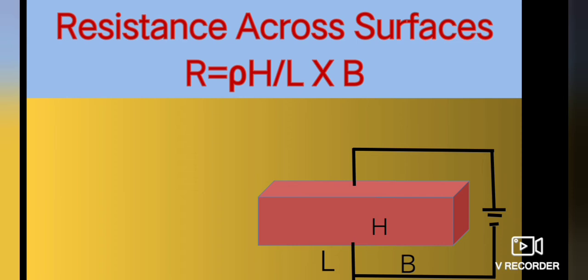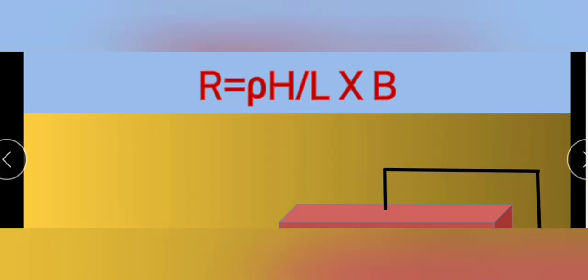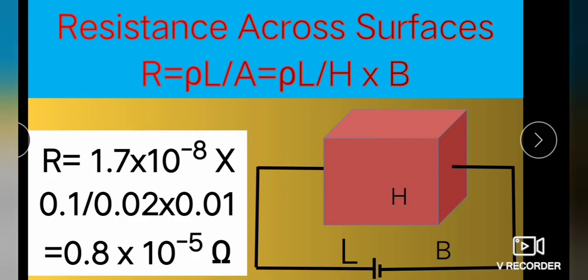Suppose here a slab of copper is shown in the diagram and the battery is connected across the top and bottom surfaces. Then what will be the length and area of this slab you will take to solve? If the battery is connected across the left and right surface, then which will be the length and area in the question?